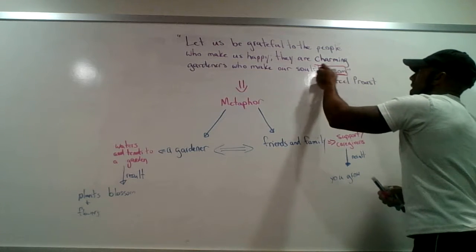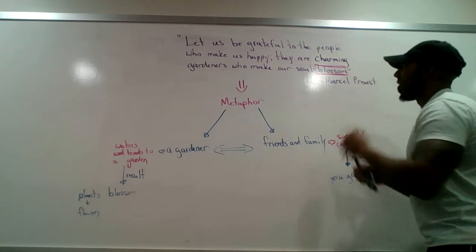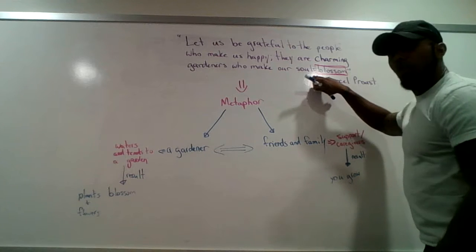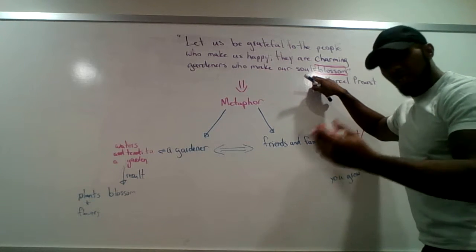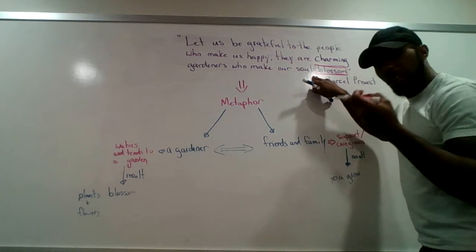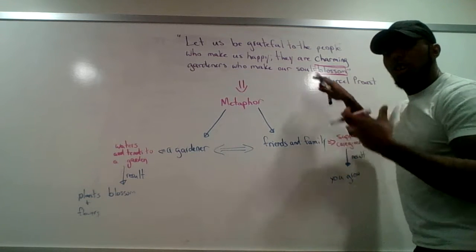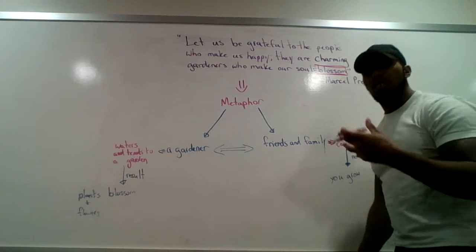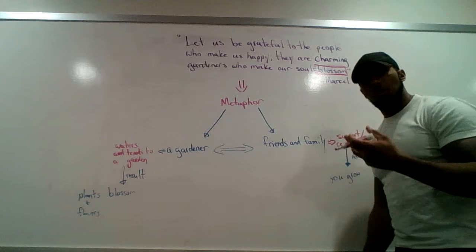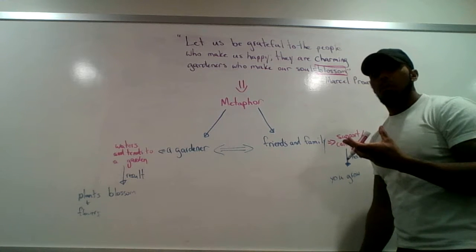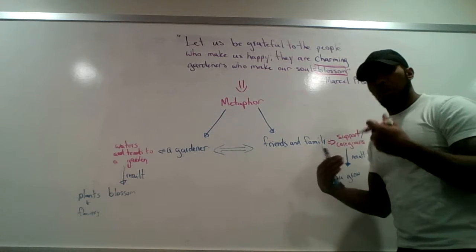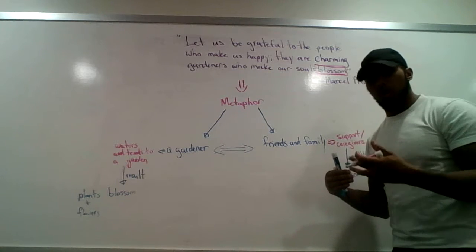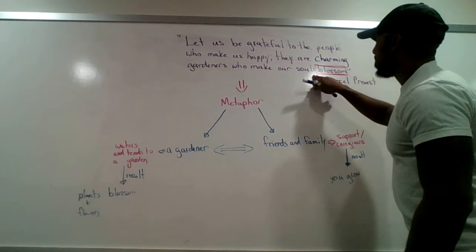Blossom is specifically indicative of flowers. Flowers and plants blossom. We literally do not blossom, but in a figurative way, in a way of speaking, our lives can blossom by our experiences being enriched by people or experiences.